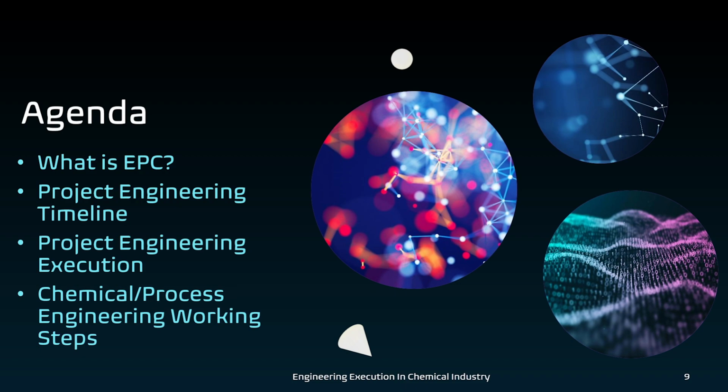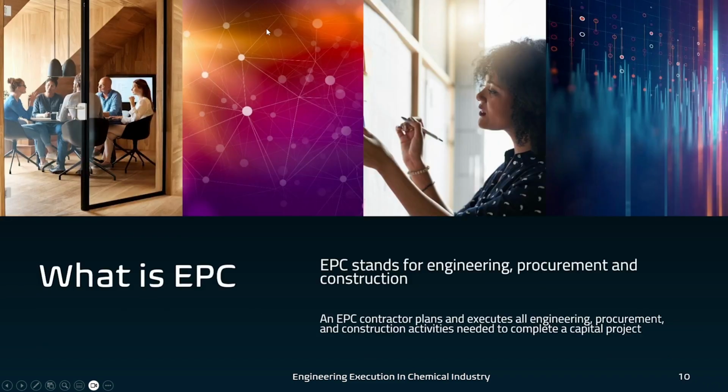This is an overall picture of what we are going to be discussing. An EPC is engineering, procurement, construction, and the EPC contractor plans and executes all these projects before turning them over to the customer as a finished chemical plant to be operated.